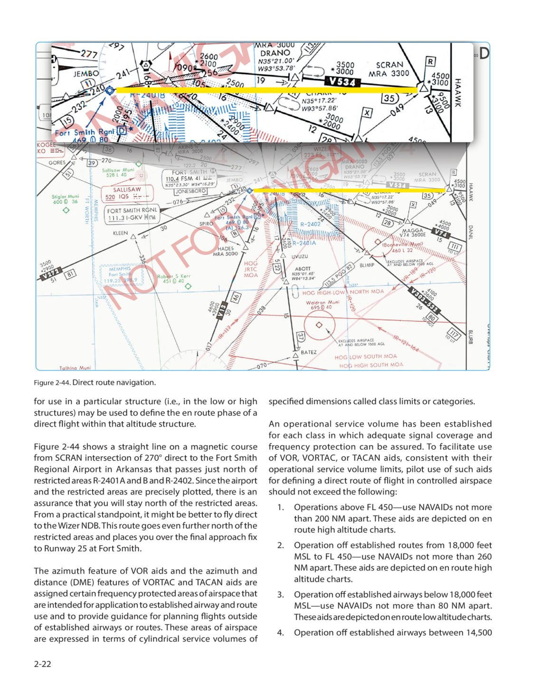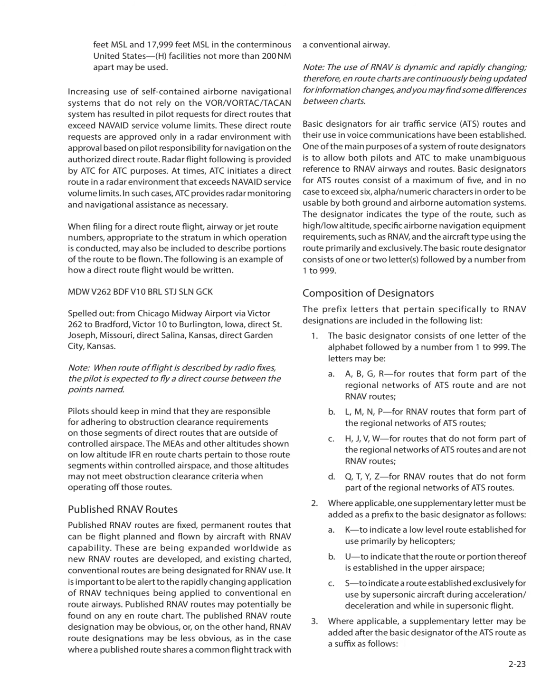Operation off established airways below 18,000 feet MSL, use NAVAIDs not more than 80 nautical miles apart. These aids are depicted on en route low altitude charts. 4. Operation off established airways between 14,500 feet MSL and 17,999 feet MSL in the conterminous United States, facilities not more than 200 nautical miles apart may be used.